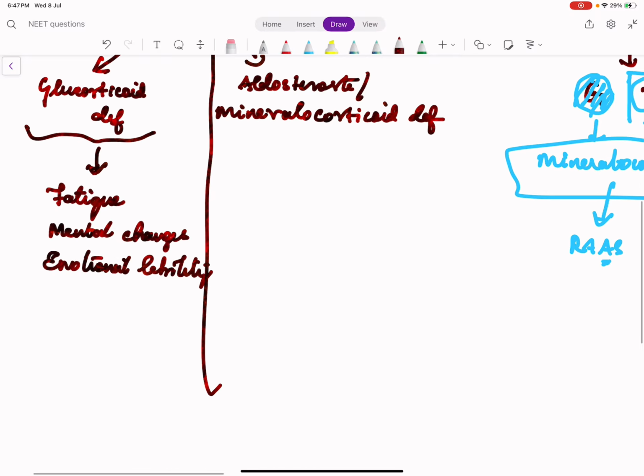Mineralocorticoid, if you remember basic physiology, the function of aldosterone or mineralocorticoid is to retain sodium and water in the body, and to excrete potassium. Okay, so when there is deficiency of mineralocorticoid, the body cannot preserve sodium, it cannot preserve water, so they will go for hypotension.